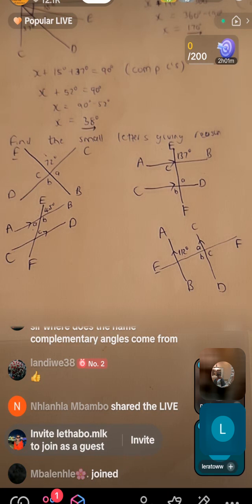So I'm going to leave you with some work, because now I have to leave the live. I want to leave you with a lot of work. I'm going to leave you with this page of work.